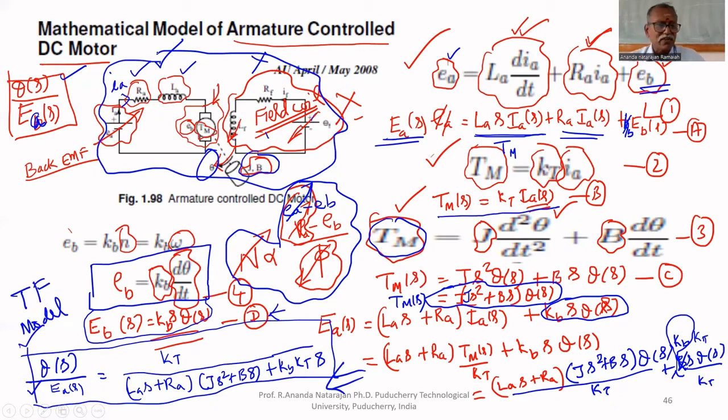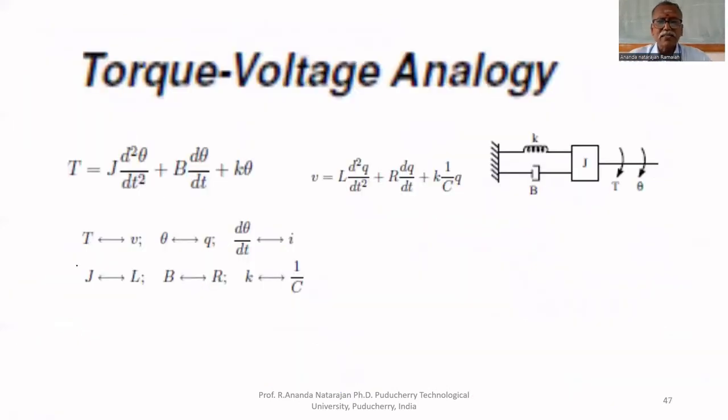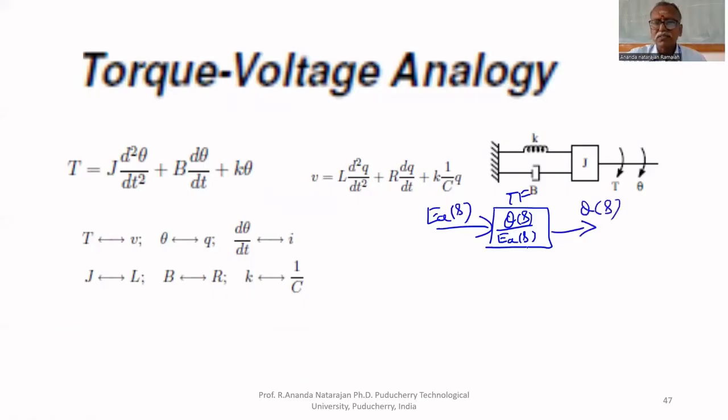So if I find the transfer function, this can be represented as a block diagram like this. The transfer function of the armature controlled DC motor is theta of S upon EA of S. Input is EA of S, output is theta of S. This representation is called a block diagram.